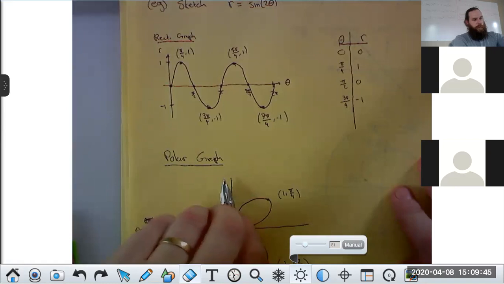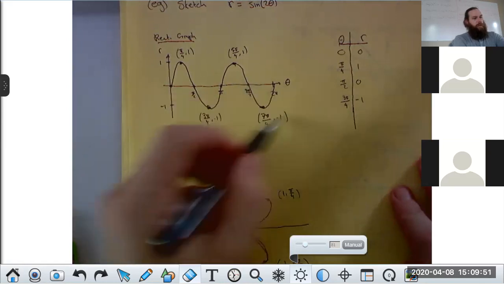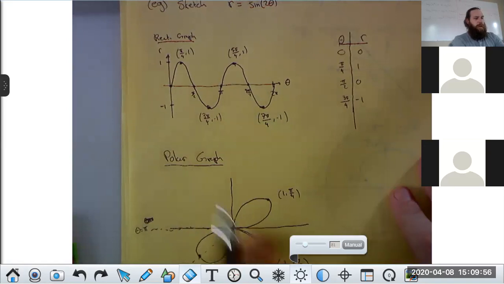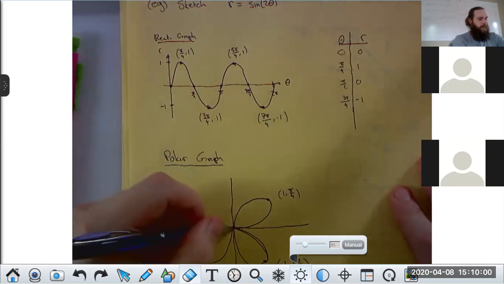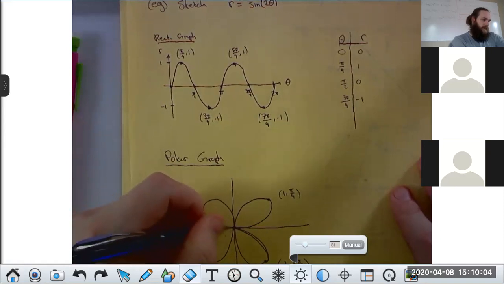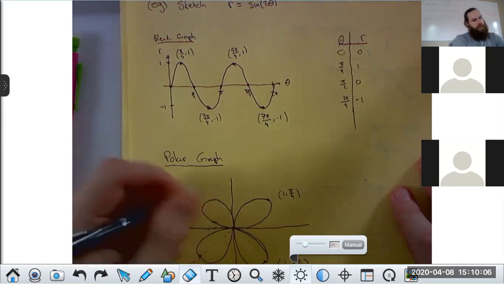This is theta equals 3 pi over 2. This is theta equals 2 pi. But because r is negative, I'll be drawing that same sort of thing, just reflected through the origin. In other words, I take this petal right here and reflect it all through the origin.